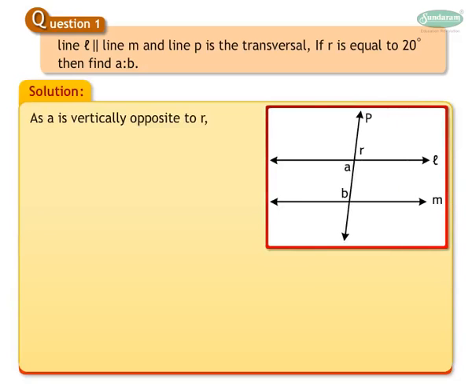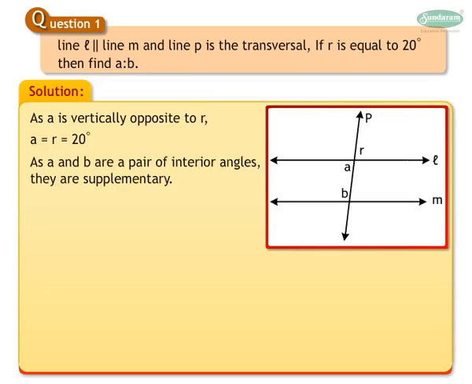As A is vertically opposite to R, A will be equal to R. That means A is equal to R is equal to 20 degrees. As A and B are a pair of interior angles, they are supplementary. Thus, A plus B will be equal to 180 degrees.